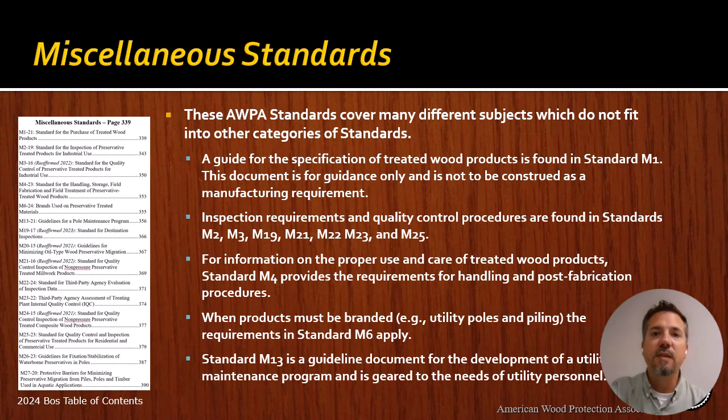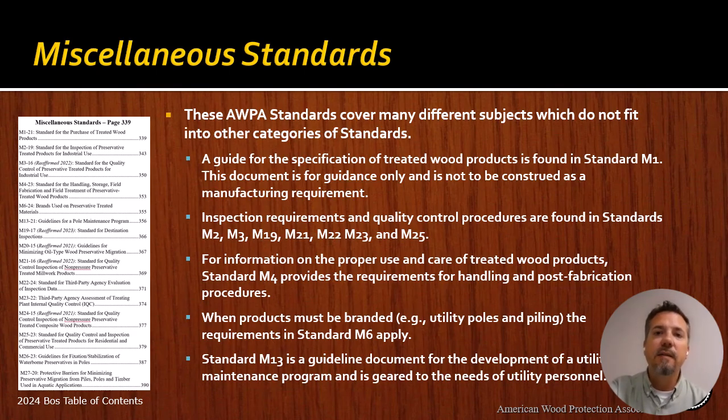The M, or miscellaneous standards, cover a variety of topics. M1 gives general guidance for specifying treated wood. It is not a manufacturing requirement. Several of the M standards cover inspection requirements and quality control procedures for industrial and residential commercial products.